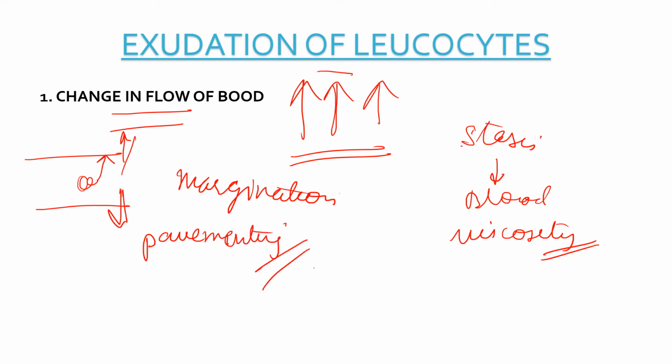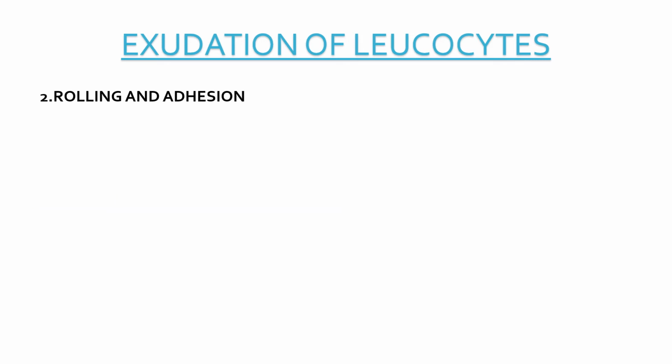Next is rolling and adhesion. The peripherally marginated and pavemented neutrophils slowly roll over the endothelial cells lining the vessel wall, forming a sticky transient attachment of leukocyte to endothelial cells.